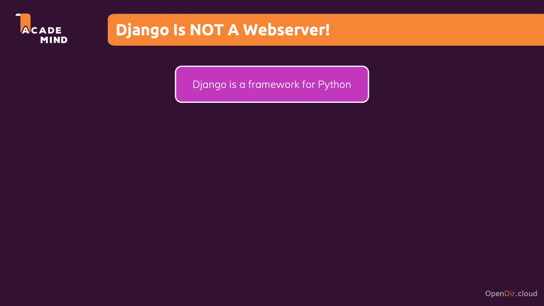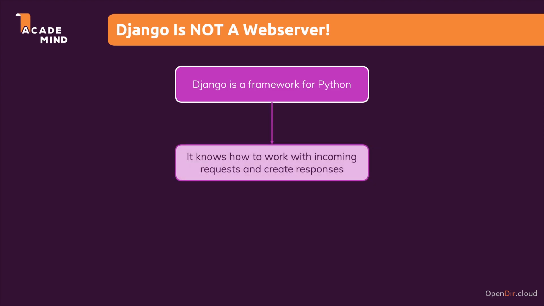Now, therefore, Django, the framework, basically contains code that knows how to deal with incoming requests, how to create responses like HTML responses, how to configure that, how to talk to a database through models. All these aspects, which we covered in this course, that's what Django is all about, which is why it's in this course.